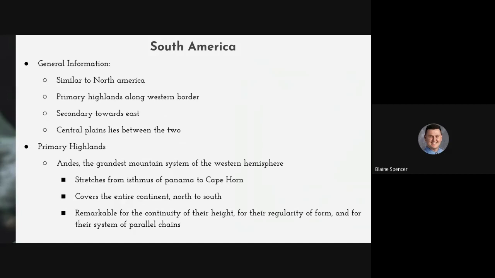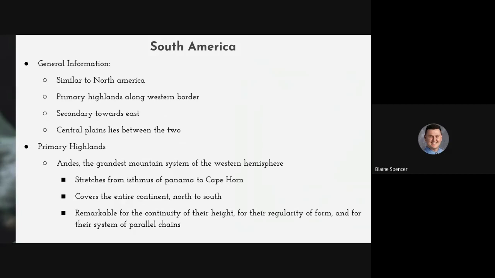Because remember, we said part of South America is in North America, but it's also in the Western Hemisphere. So it's to the west, to the left of Europe and Africa. Part of the Western Hemisphere. This is going to be the grandest mountain system.